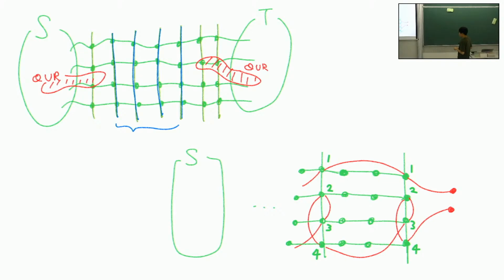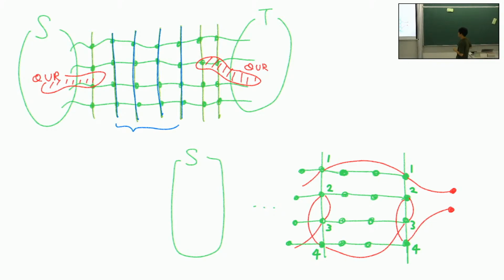When I look at this separation, this path passes through the first vertex, and this path passes through the third, second and fourth vertex. So when I look at the right-hand side, this is the linking pattern for this separation. We still have many separating sets, and the number of linking patterns is bounded by some small function with respect to the size of Q and R.